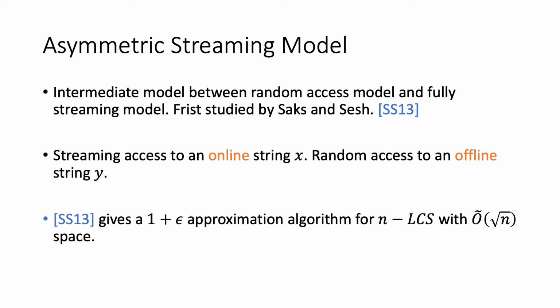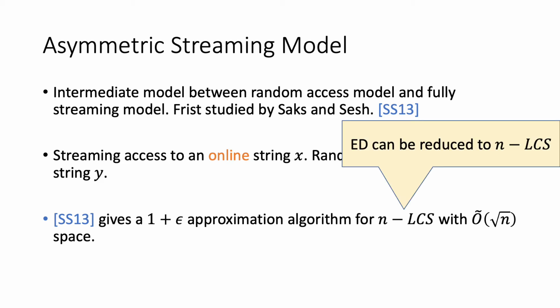It was first studied by Saks and Seshadhri in a 2013 paper. In this model, we assume we have streaming access to an online string x and random access to an offline string y. Saks and Seshadhri give a 1+epsilon approximation algorithm for n minus LCS with roughly square root of n space. It can be shown that edit distance can be reduced to n minus LCS in this model. Thus, this already gives a 1+epsilon approximation algorithm for edit distance.